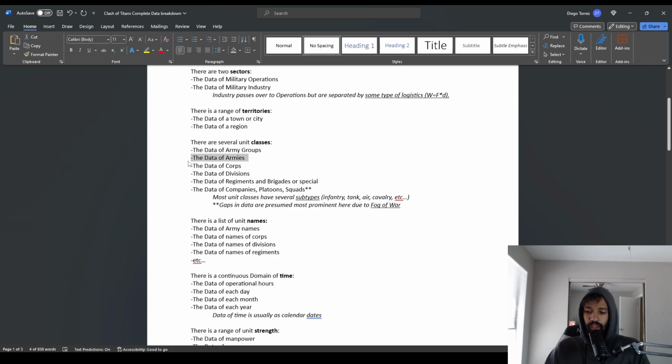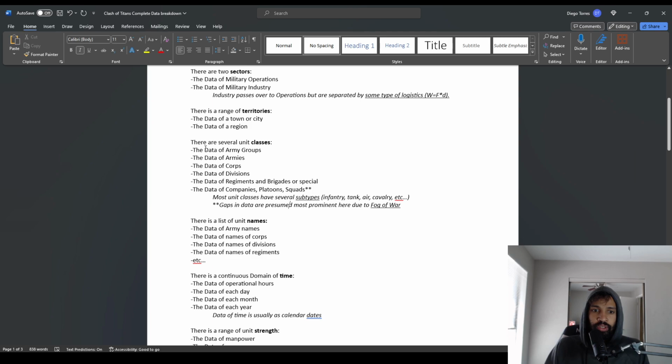You can think of it as fractal in a sense, where you have small units that, when you bundle them together, create larger units, and you bundle those together to create even larger units. In essence, this is the bridge that links the tactical battle to the strategic battle. It's just the scale of the unit class that you're speaking of.